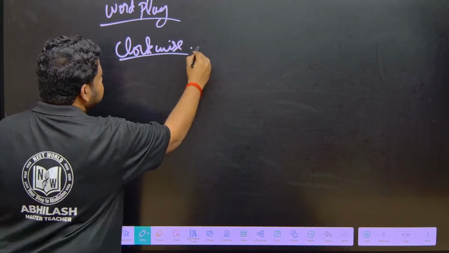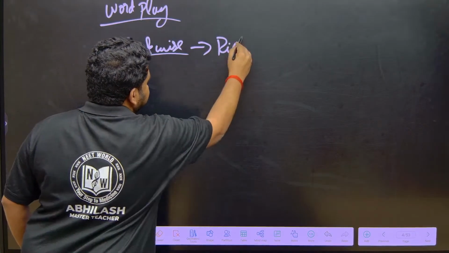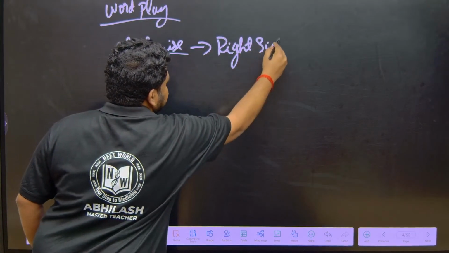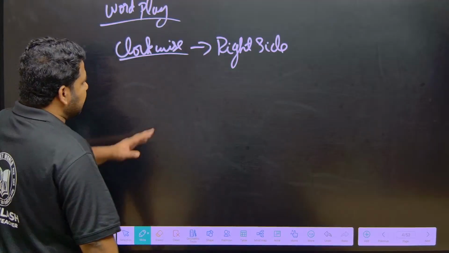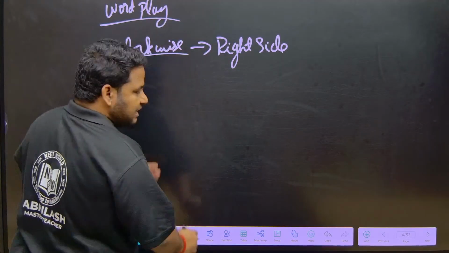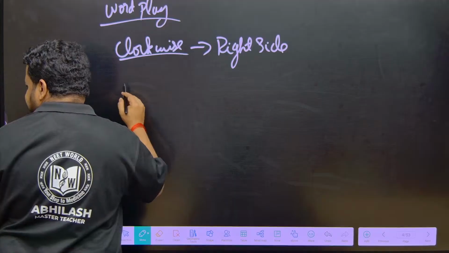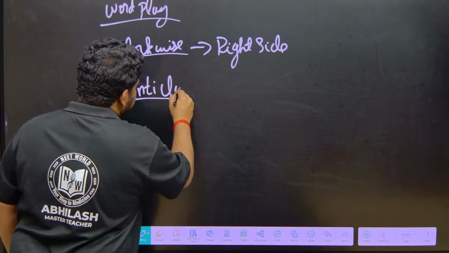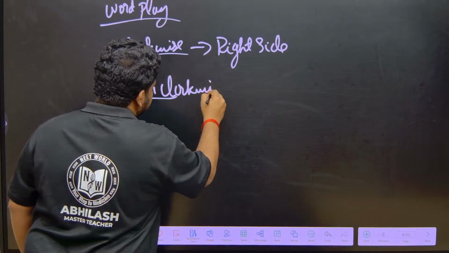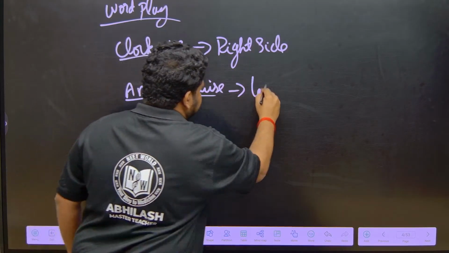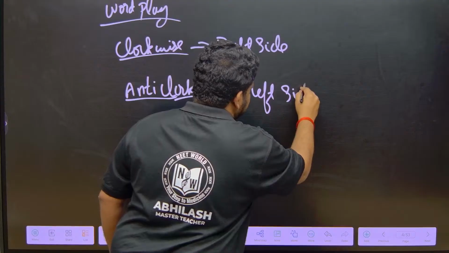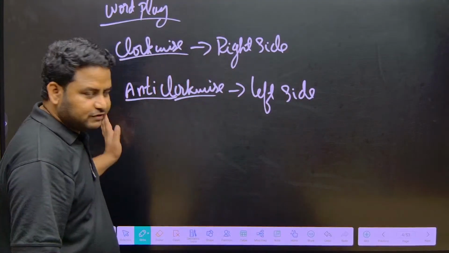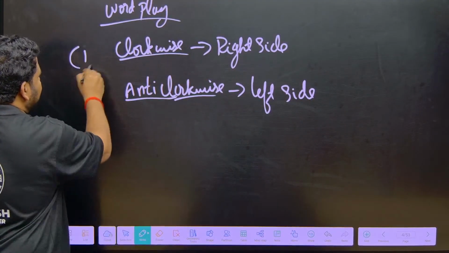No, clockwise means it is the right side. And if I say anti-clockwise, it means the left side. This is one of the wordplays they will use.